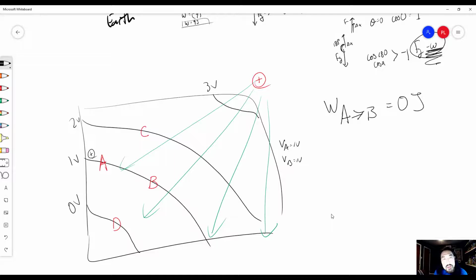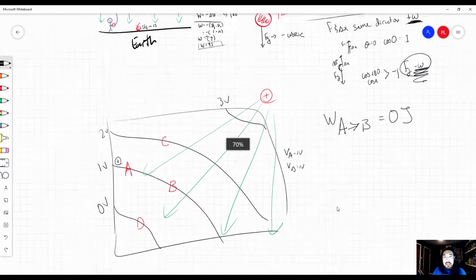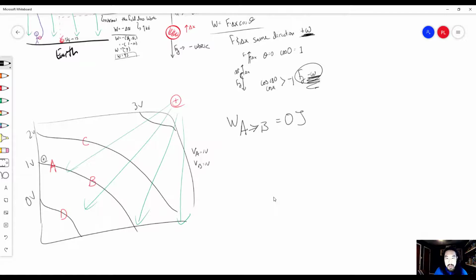If you move along the equipotential line, there is no work required. Another way that we could think about this is by using the mountain analogy. If you're right there at the mountaintop and you want to move up the mountain, that requires some work.